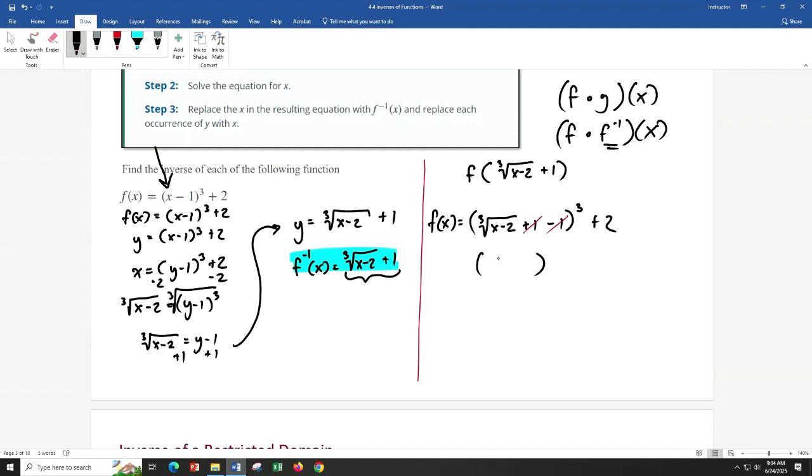Okay, well then I'm going to be left with the cube root of x minus 2 cubed plus 2. But what happens to this cube here and that index of 3? Isn't that the inverse? A power of 3 will get rid of a cube root because they cancel each other out. Okay, so then I'm going to be left with x minus 2 plus 2. Those guys cancel out. I'm just left with x.